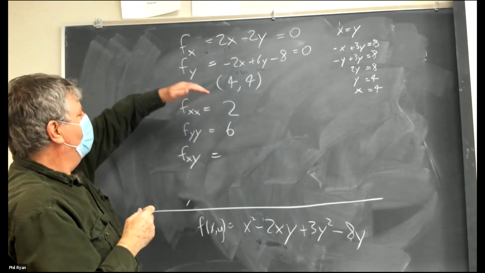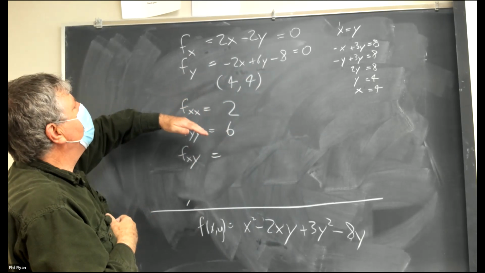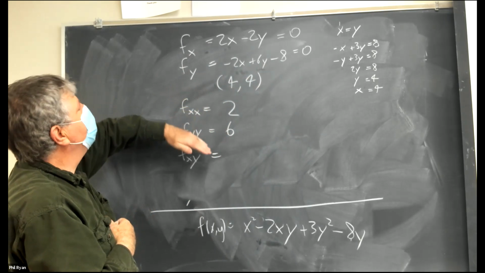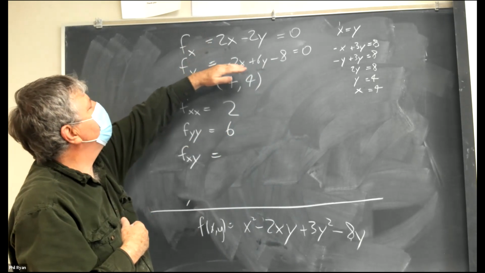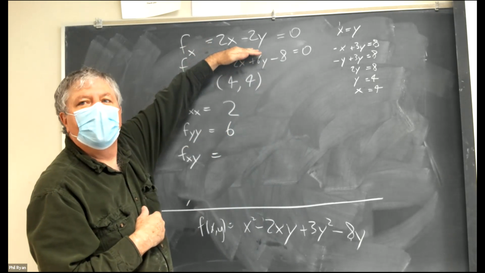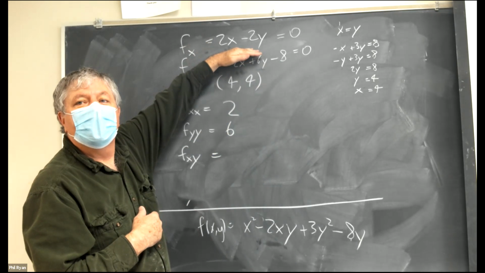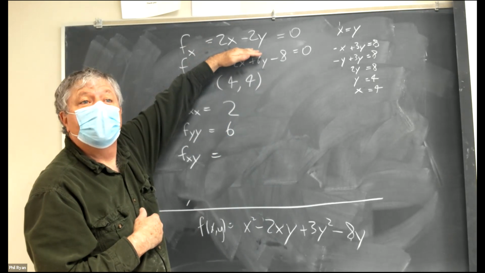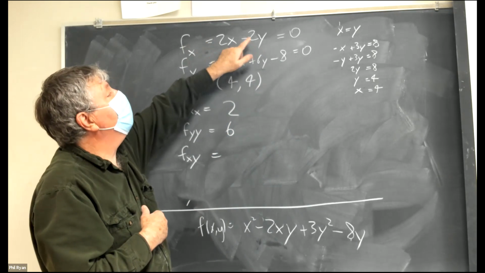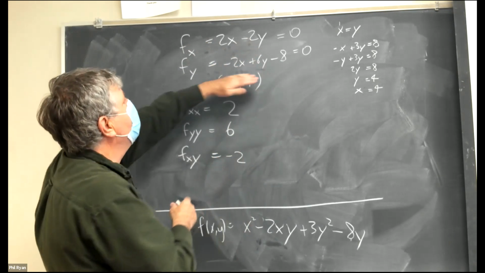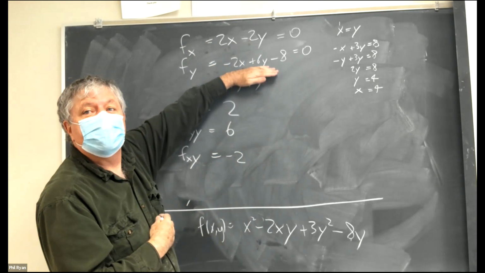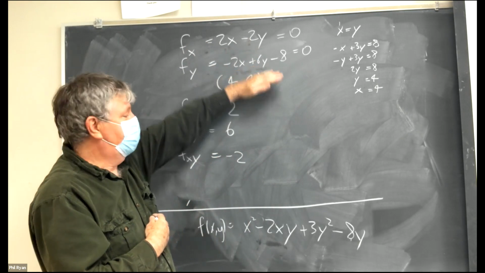And suddenly we get an fxy. Can anyone see what fxy is? So what's the derivative of this with respect to y? Well, minus 2. Or the derivative of this with respect to x? It's also minus 2.